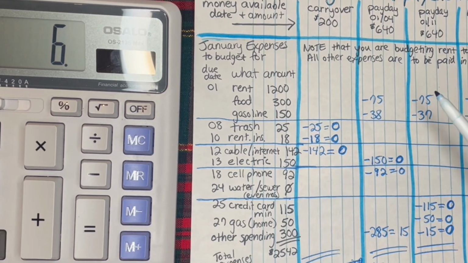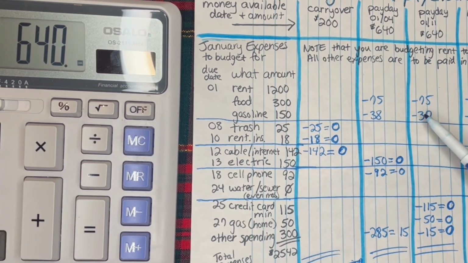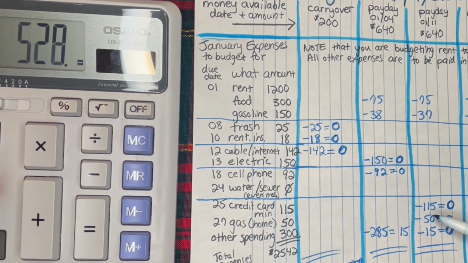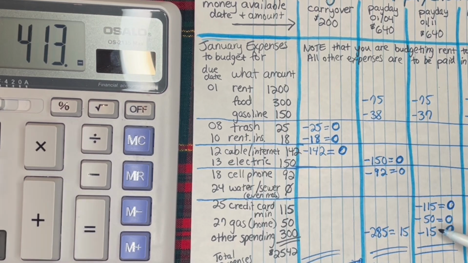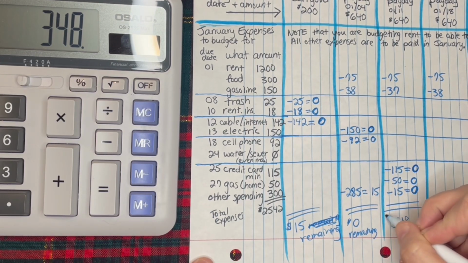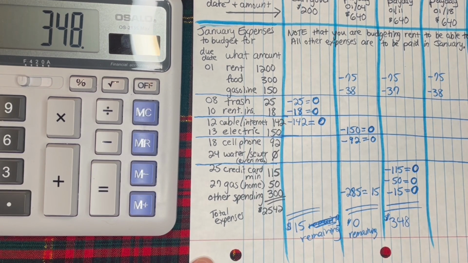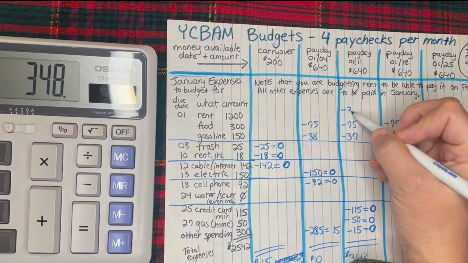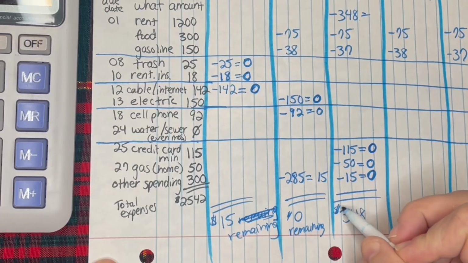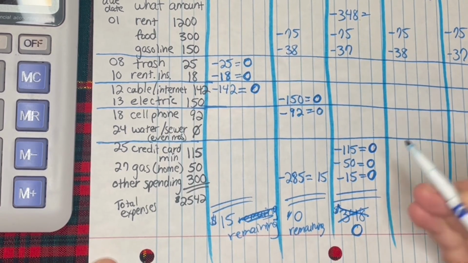If the paycheck is $640, minus 75, minus 37, minus 115, minus 50, minus 15 equals 348. And I decide I wanted to put this money up here, the $348. So then this would then be 0 remaining from that paycheck.